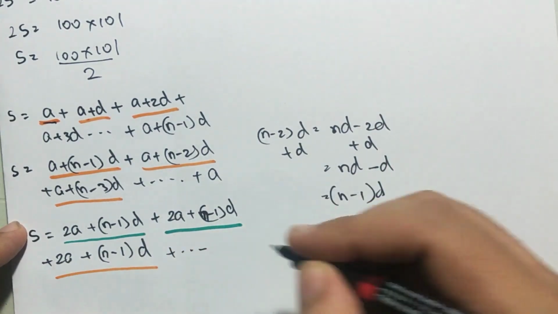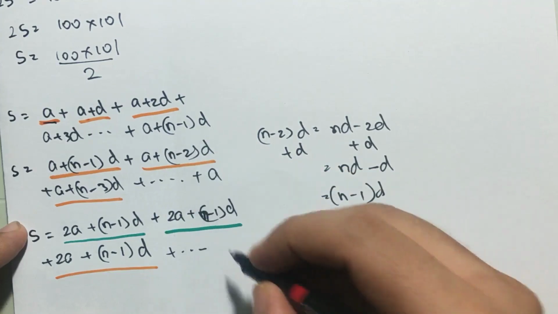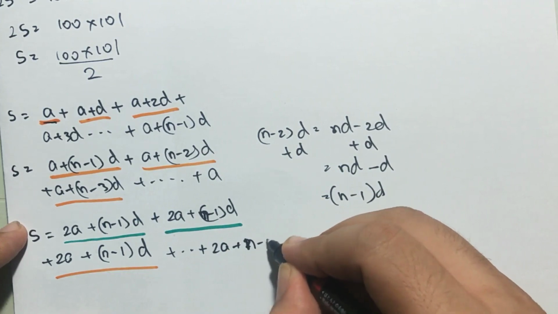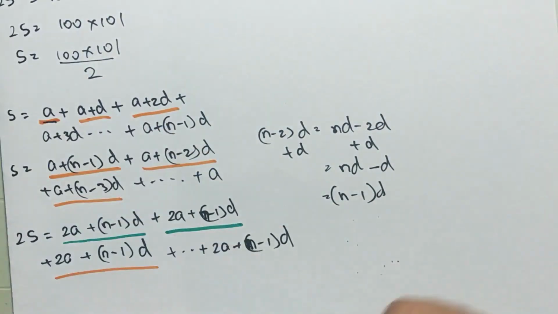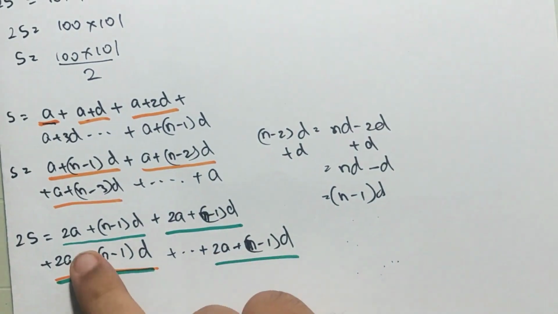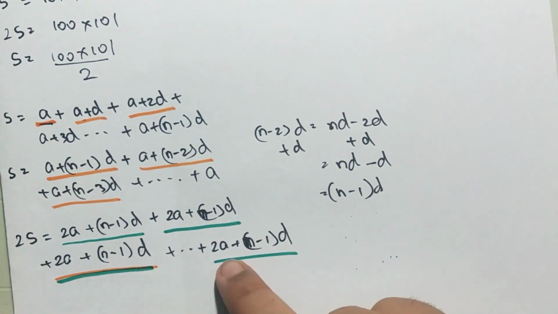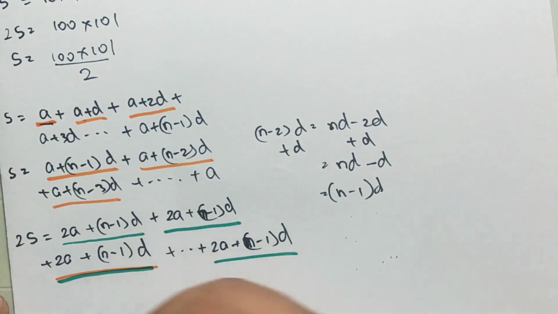Likewise, if I move to the last term, this a plus n minus 1d plus a will become 2a plus n minus 1d. So you can see it's 2a plus n minus 1d every time, up to the last term.